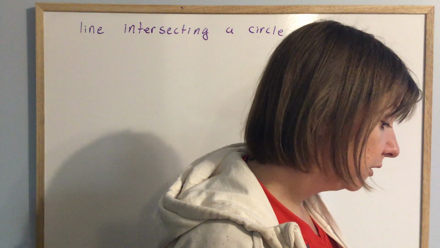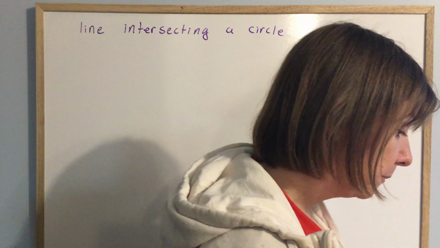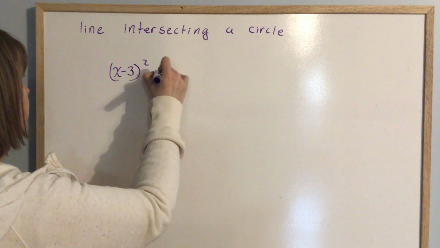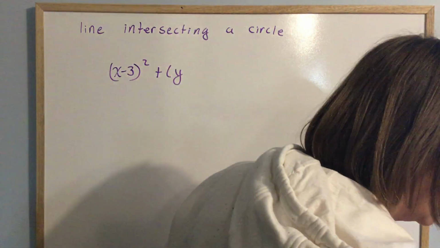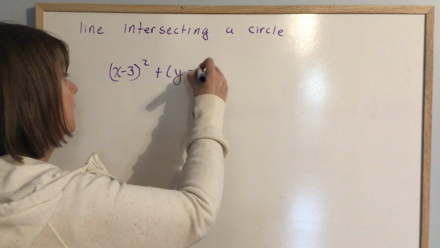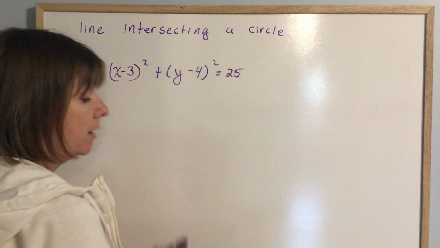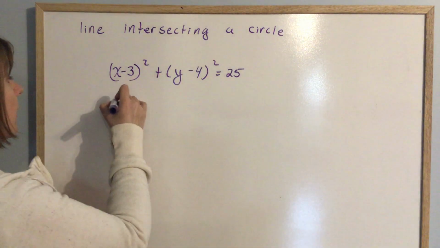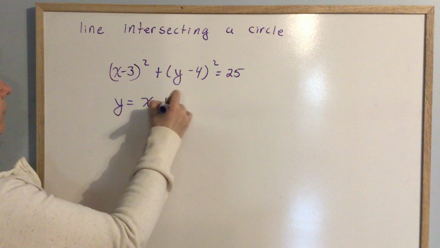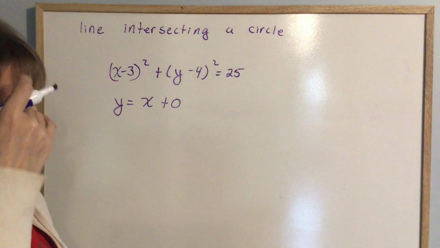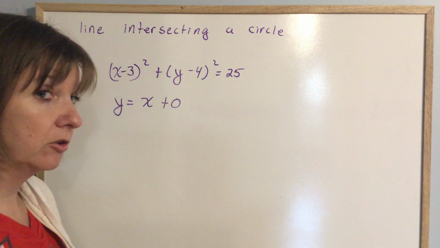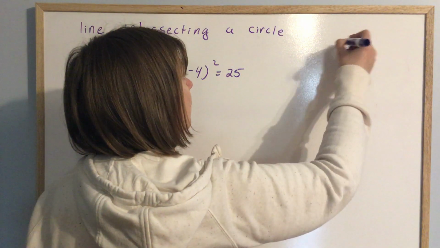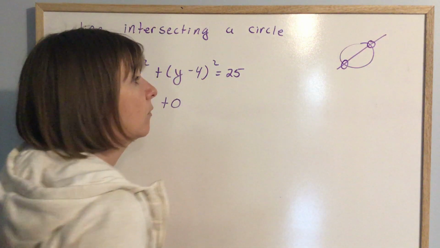So if it was x minus 3 squared plus y minus 4 squared equals 25, and I gave you the equation of a line of y is equal to x, and if you want to think about that, y is equal to x plus 0, and I ask you, where does the line intersect the circle? What I'm asking you is, when you have the circle, where does the line cross through the circle?